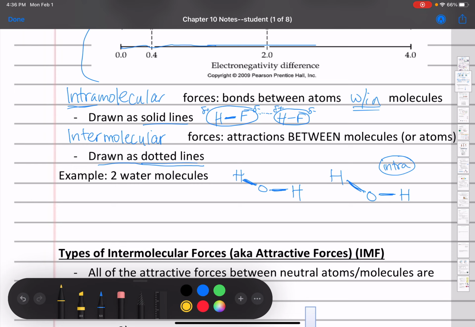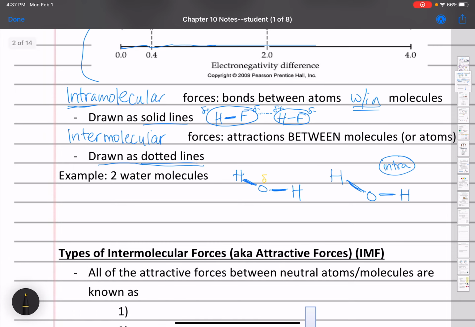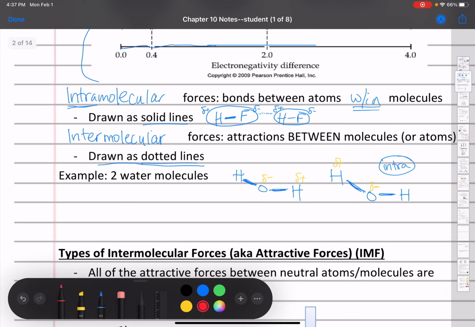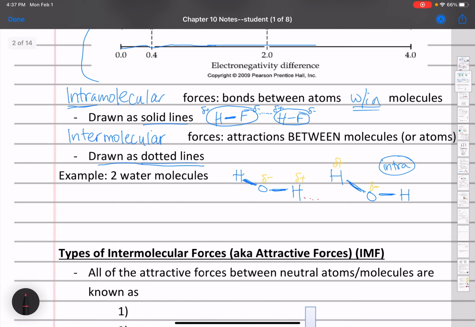But because the oxygen is an electron hog and has a high electronegativity, it's going to hog the electrons and have a partially negative charge, and the hydrogens will have a partial positive charge. And so what happens is they're attracted to each other. The hydrogen of one is attracted to the oxygen of another, and likewise, this hydrogen could be attracted to that oxygen. Those opposite partial charges attract.